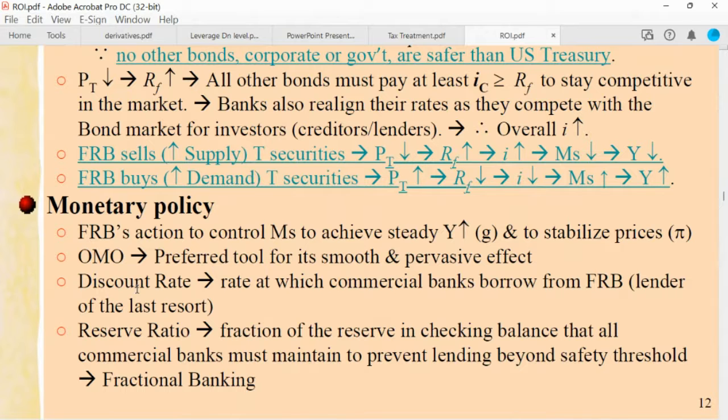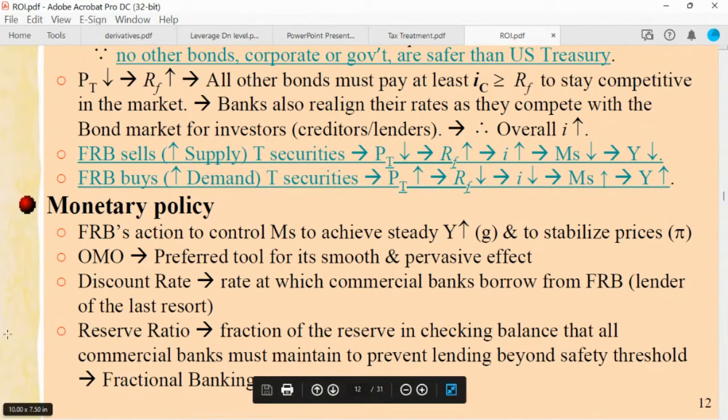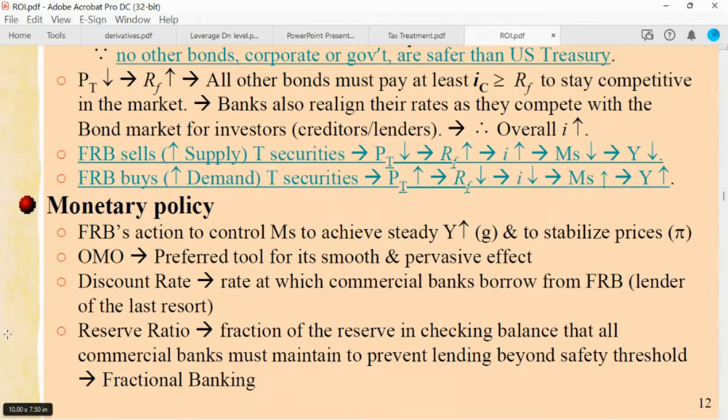Now again, one thing you need to be careful about is that it's not always the Federal Reserve that causes the interest rate to go up or go down. Federal Reserve can intervene. It's the Federal Reserve's policy intervention.